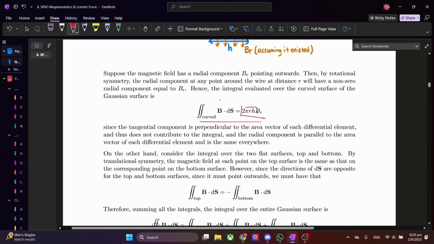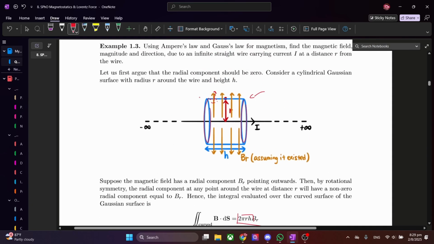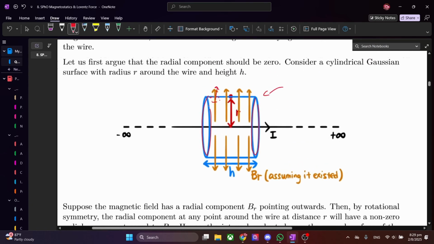So by translational symmetry, your magnetic field at each point on the top surface is going to be the same as that on the bottom surface.